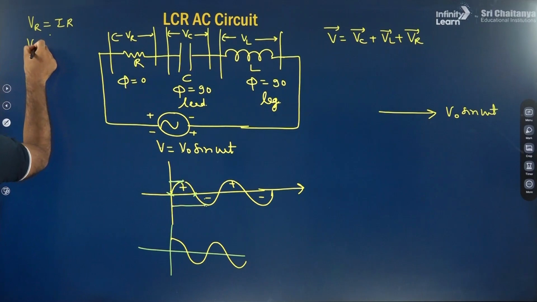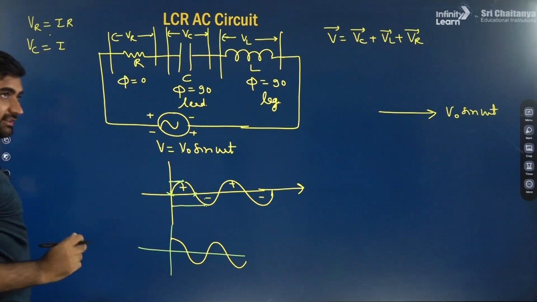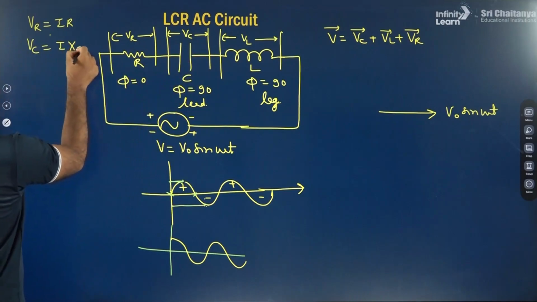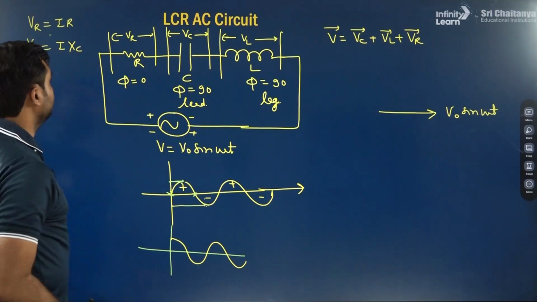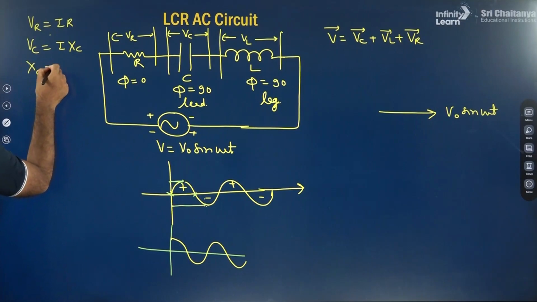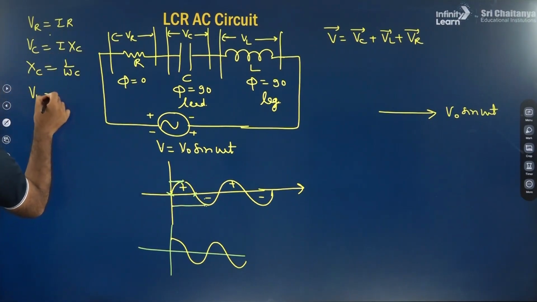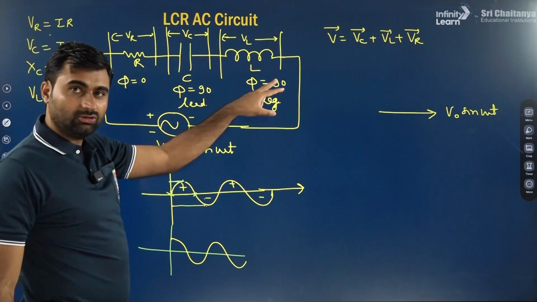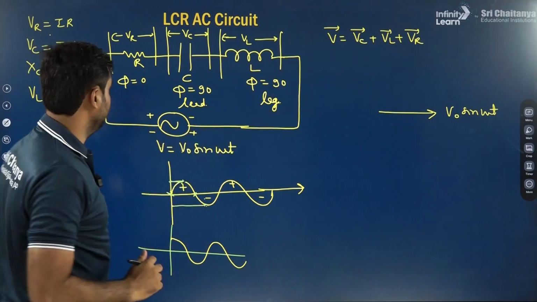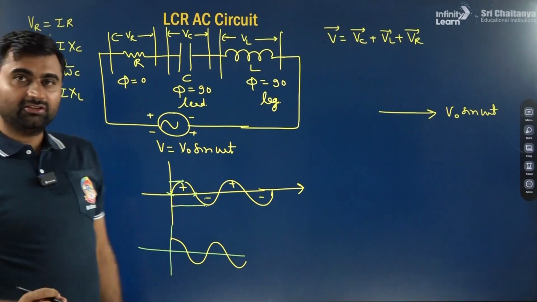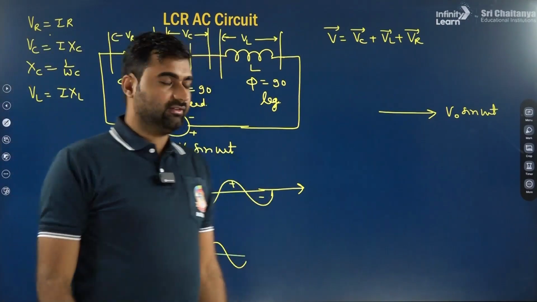VC value is I times XC, that is capacitive reactance, and you all know XC value is 1 by omega C. Then how much is the value of VL? Here also I times the resistance, known as XL, that is inductive reactance.